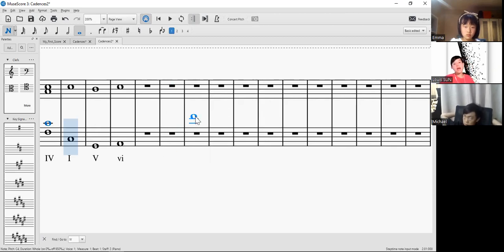Let's take a 2 to 5 imperfect cadence in C major because I'm just being lazy right now.